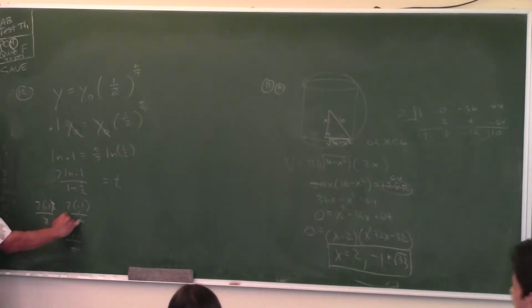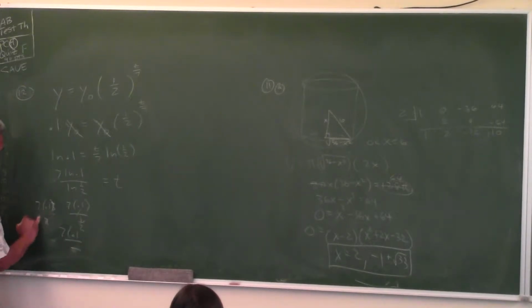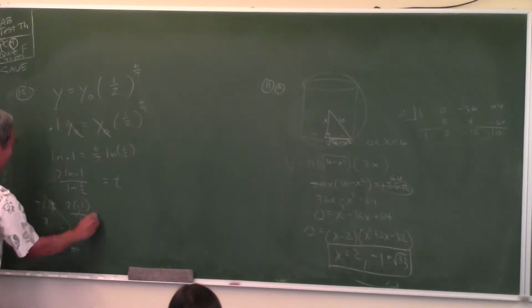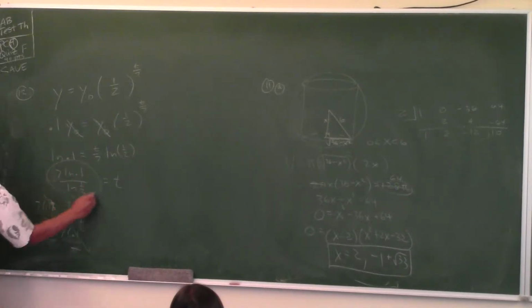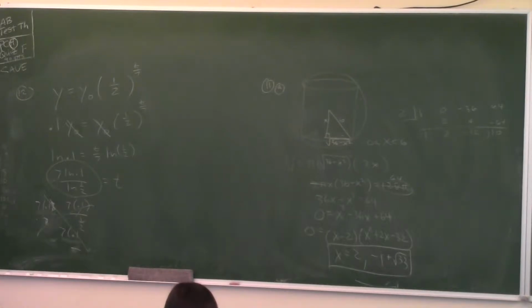Oh, that's wrong. You know why? We already canceled the fraction, so it doesn't have this. There, that's the answer. 7 left. No! If you do something like this, you just undid all the good that you did there. This is the answer.